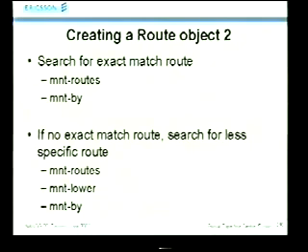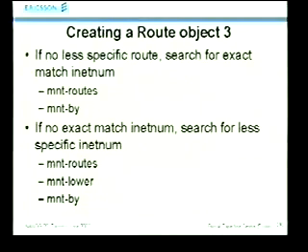If you can't find the exact match route object, you search for a less specific route object, and then you might check for MNT lower. As I say, I've actually done this a second time in a few slides. Now, if there is no less specific route object, you've checked for an exact match route, it's not there. You've checked for a less specific route object, it's not there.